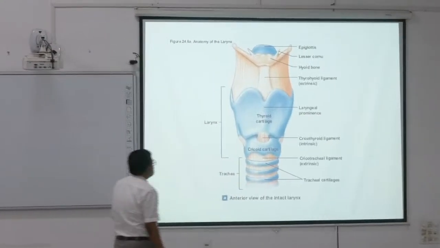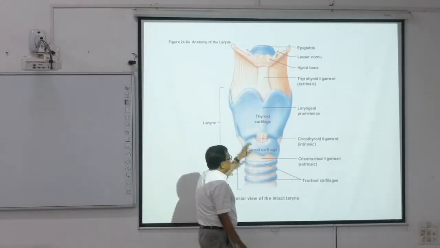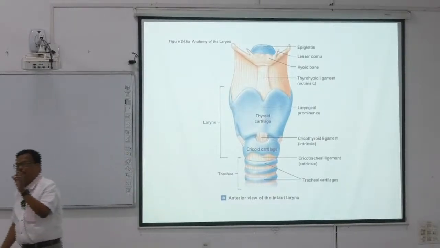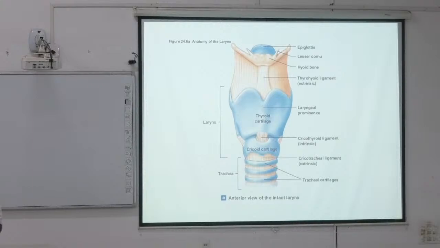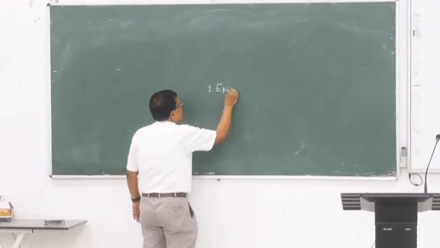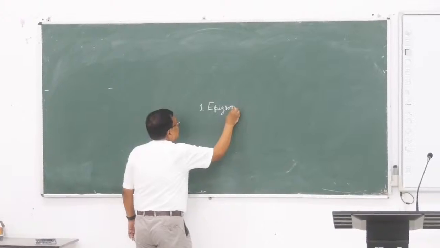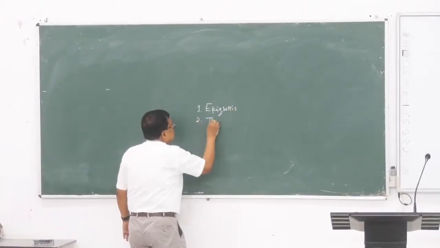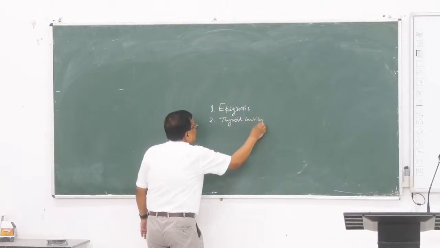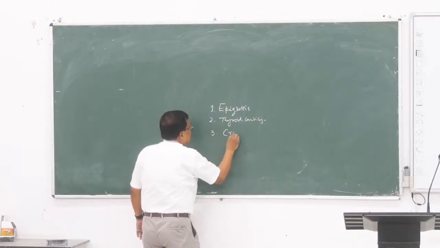So the larynx is made up of cartilages. These cartilages are, some paired, some unpaired. Paired means there are two of each, and some are unpaired. Unpaired cartilages are the epiglottis, thyroid cartilage, and the very important cricoid cartilage.